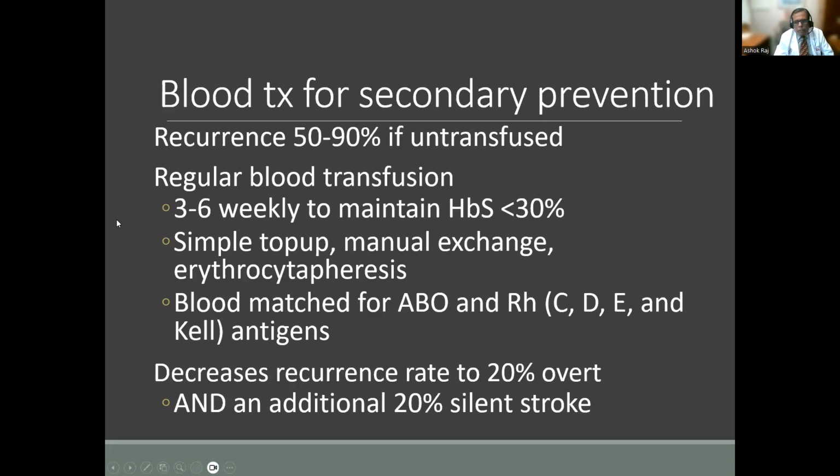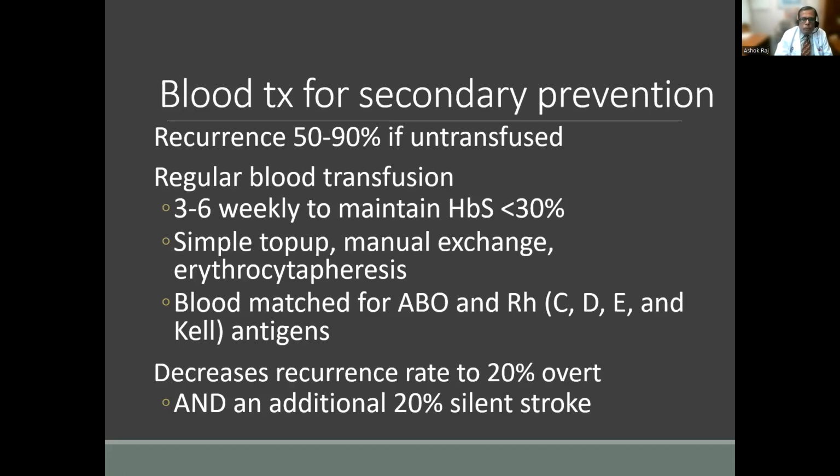We have had more than 2.5 decades of experience in automated exchange transfusion, what we call erythrocytapheresis. We have had a lot of experience in this area, and we've been one of the leading centers for a long time. Because we're diluting the hemoglobin S without raising the total hemoglobin, the incidence of iron overload is very low for patients who are maintained on long-term exchange transfusion.